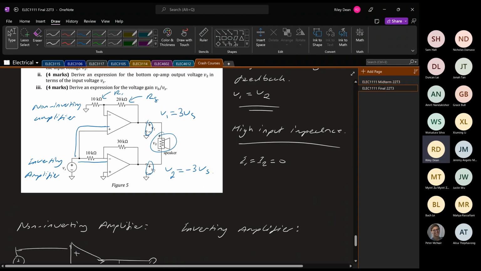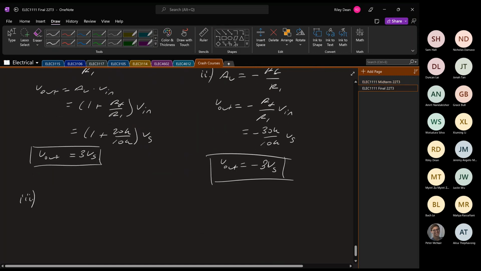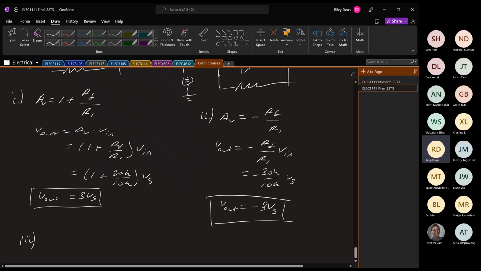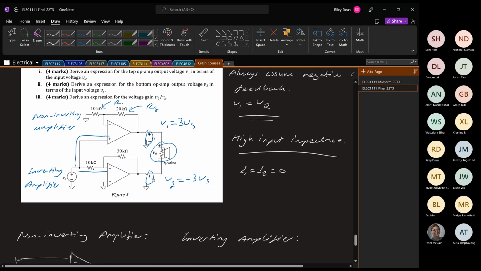Can anyone see, just sort of by eye, what they reckon this will turn out to be? Because there is another way to do it, which is the way I'll formally do it. But because we have the top is positive, the bottom is negative, we can sort of see that there's going to be about 6 times Vs across.